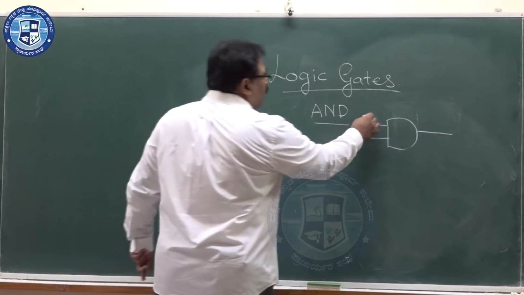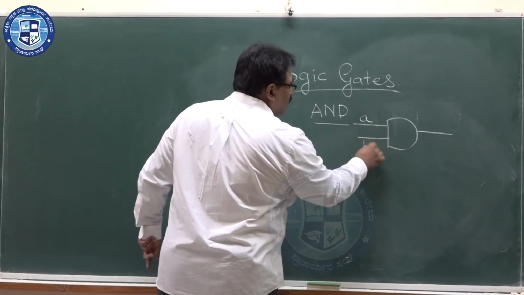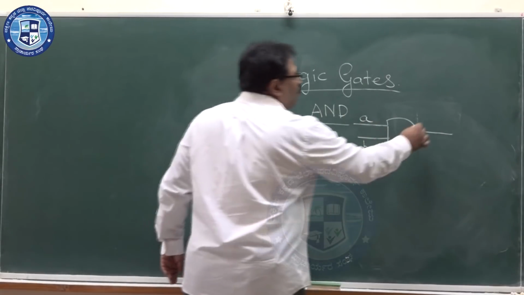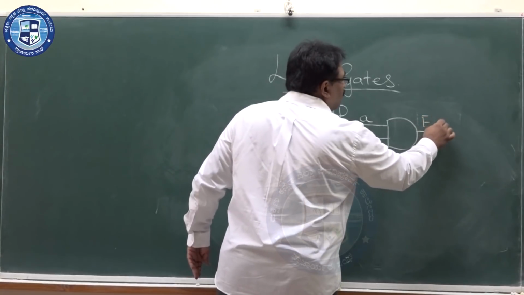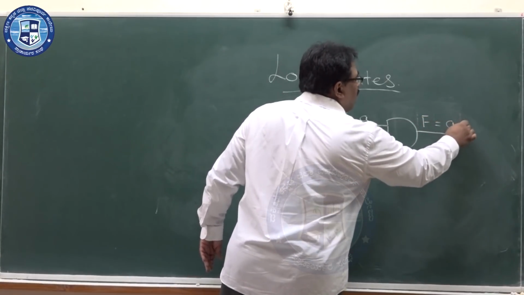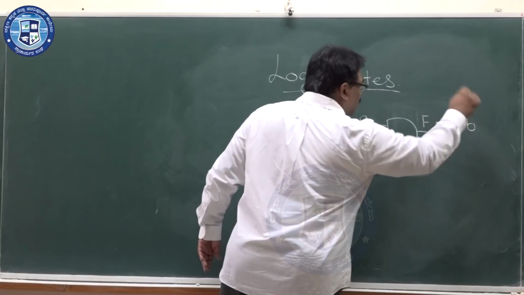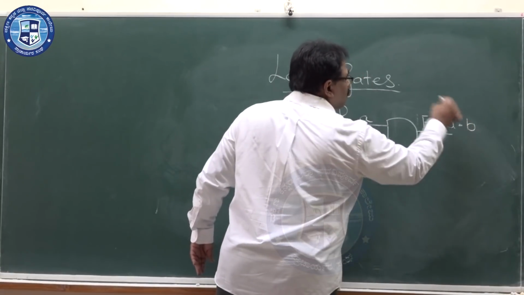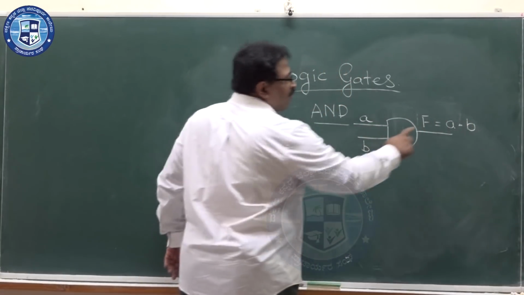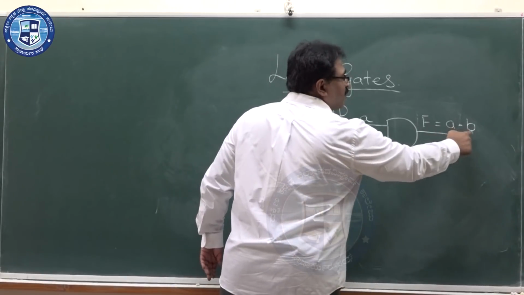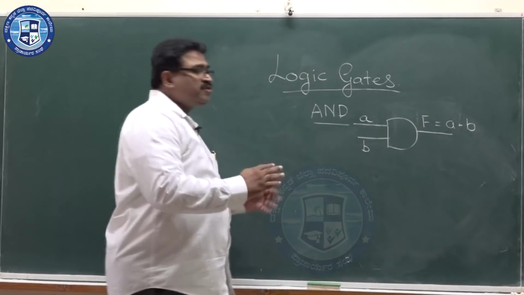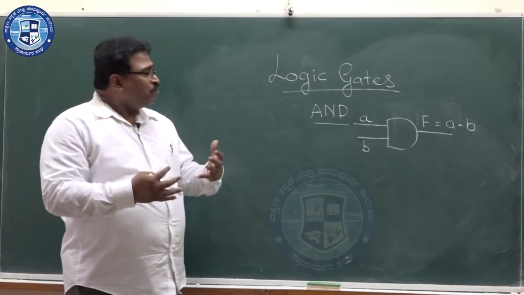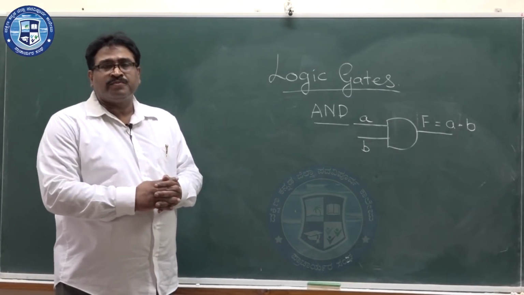Let the first one be A, the second input be B. So what will be our output? For example, F is equal to A dot B. So we use this symbol dot here. It means A and B. This is the symbol we use for the AND gate.